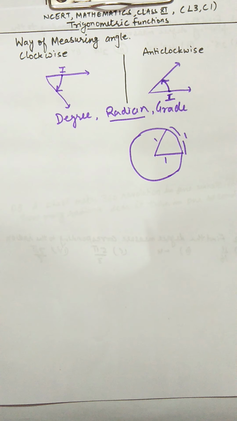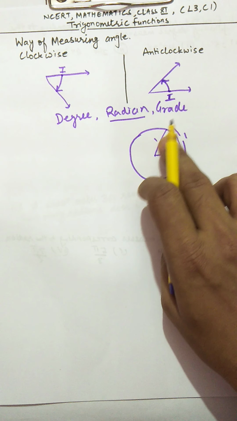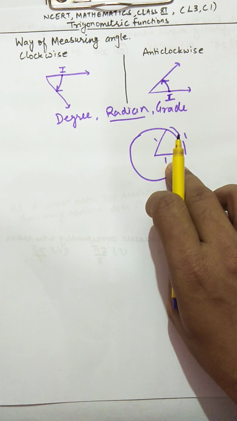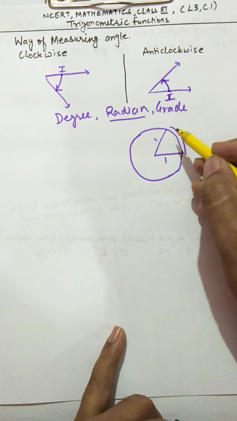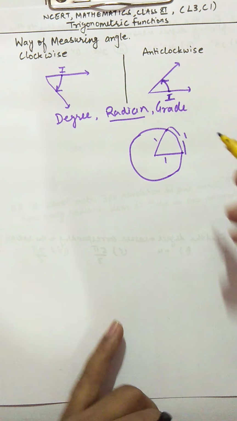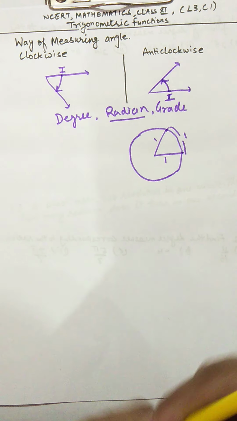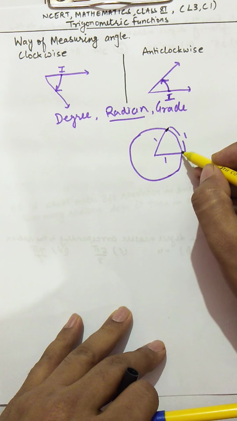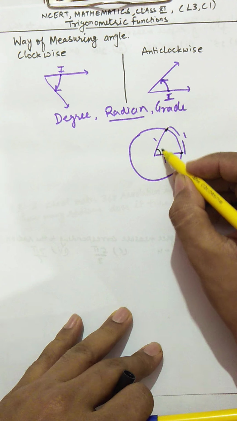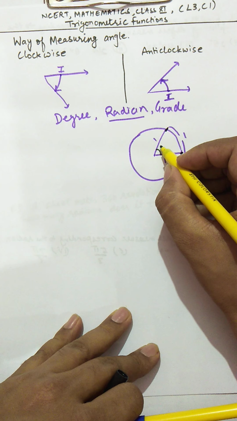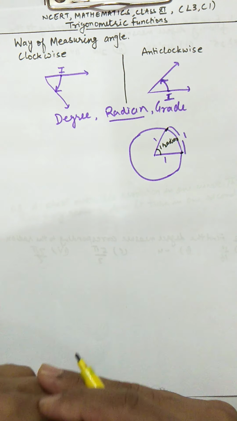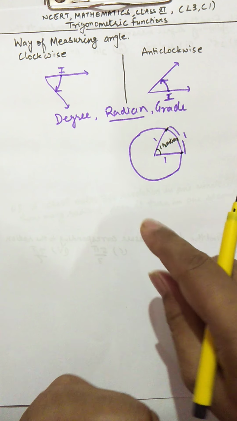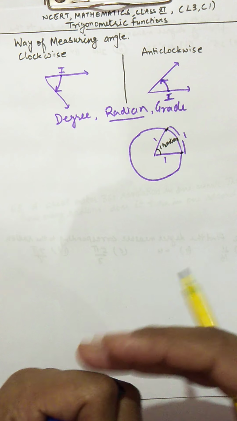So you can see this is 1 unit, this is also 1 unit, and this portion of the curve is also 1 unit. The angle that you can see here is defined as 1 radian. So this is how you can understand what a radian is.